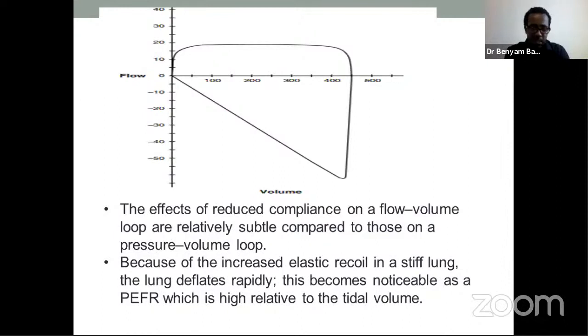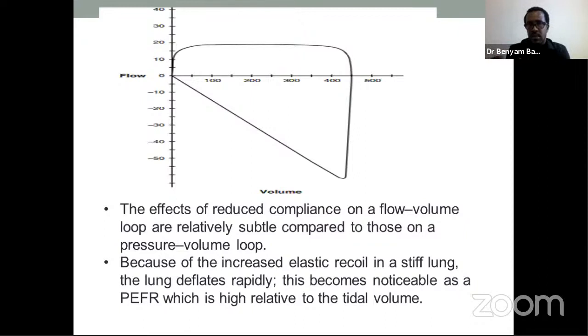That's during inspiration, but during expiration, because the lung is stiff, the expiratory phase will be very fast or rapid. It will suddenly collapse after the pressure or the volume that we want to achieve is delivered after the inspiratory time.